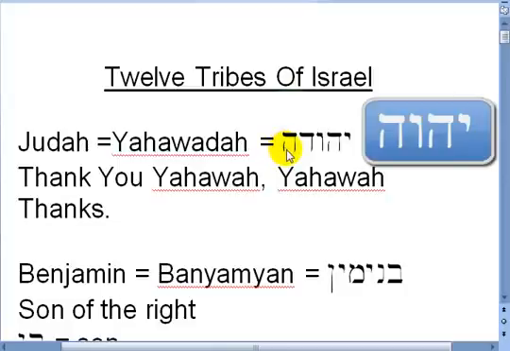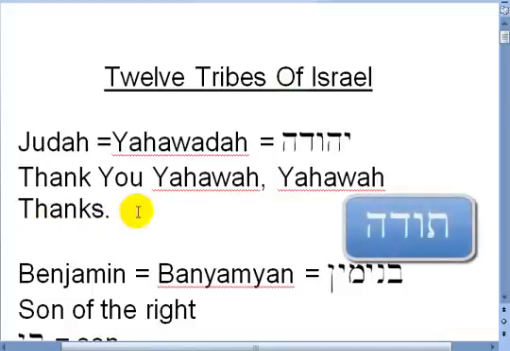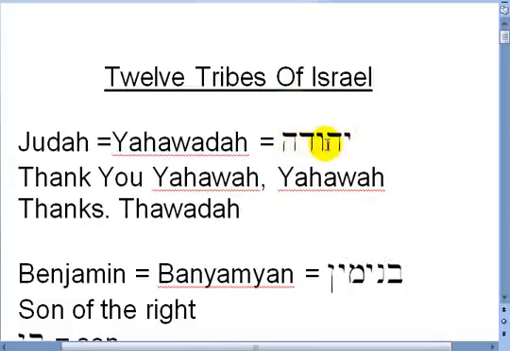That would be the Most High's name, the so-called Tetragrammaton. But here it means Yahweh thanks, and the Da at the end is just short for the word Thawada. That's what the Da at the end is short for, and Yahweh here is a short form of the Most High's name.